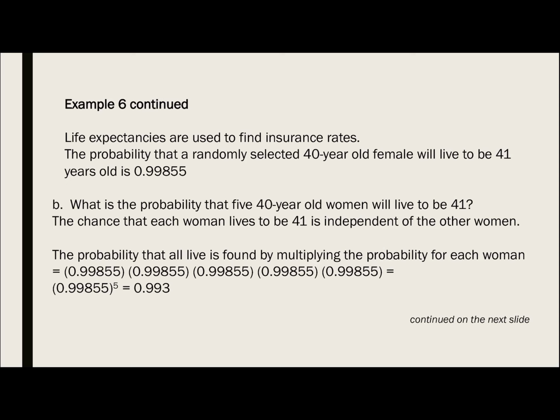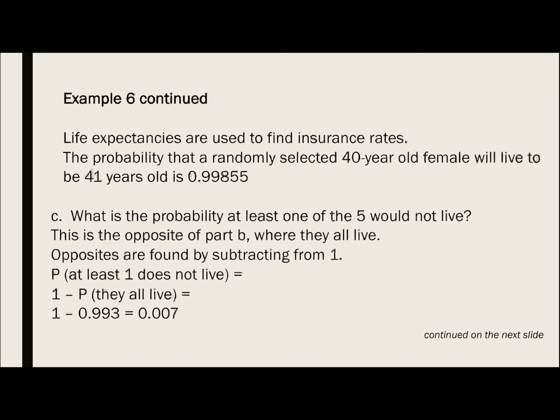We're finding the probability that woman 1 lives, and number 2, and number 3. We find the probability of and by multiplying. That's why we're multiplying each one of those. Using the same information, what is the probability at least one would not live? This is the opposite of part B, where they all live.